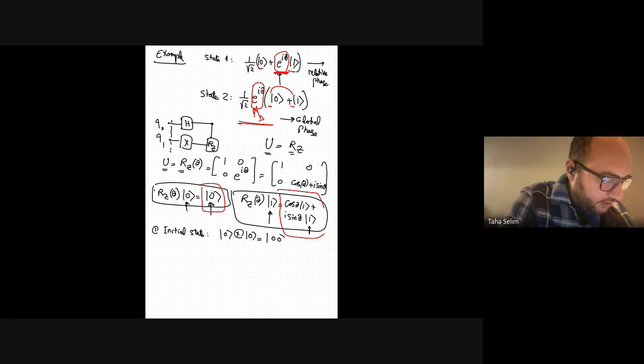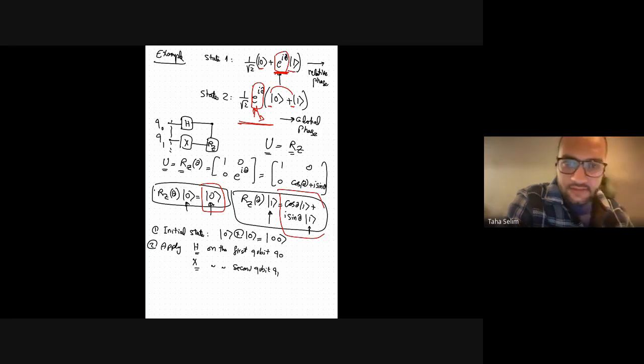This will give me ket 0, 0. So this is my initial state of the 2 qubits. Now I will apply Hadamard gate on the first qubit Q0 and then X gate on the second qubit Q1.